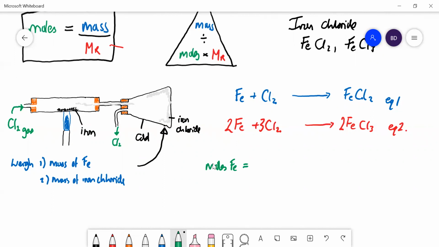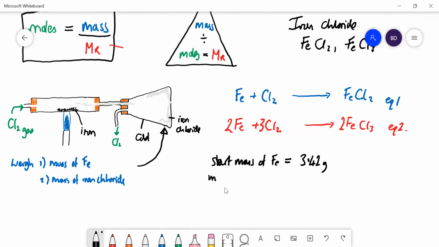the mass, and we need some figures here, don't we? So before we start, let's write down the results of the experiment. The start mass of iron was 3.42 grams.